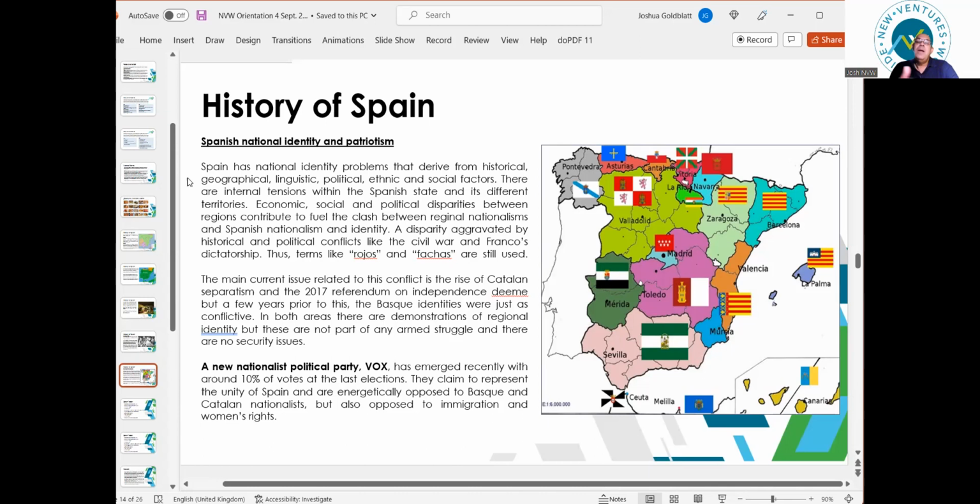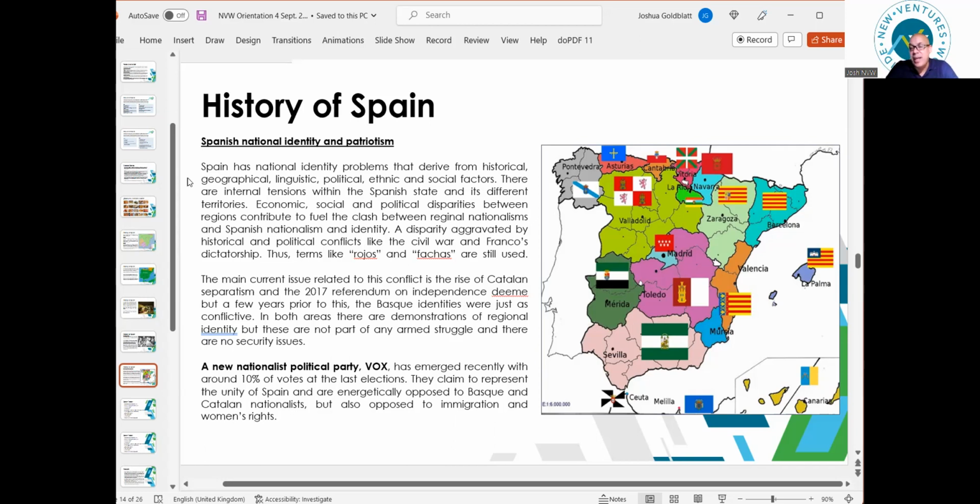Right. 20 years ago, there was violence and terrorism in the Basque country. Now, it is possible that you will see a poster saying Independencia, independence for the Basque country, but there's no violence, okay?